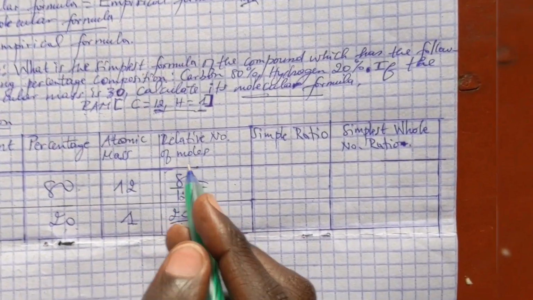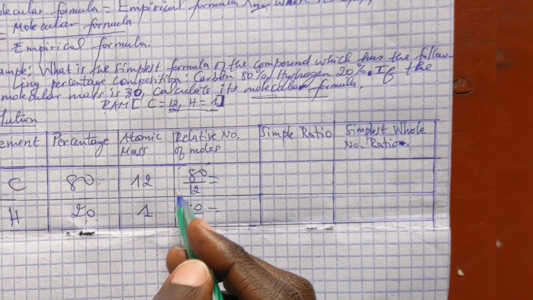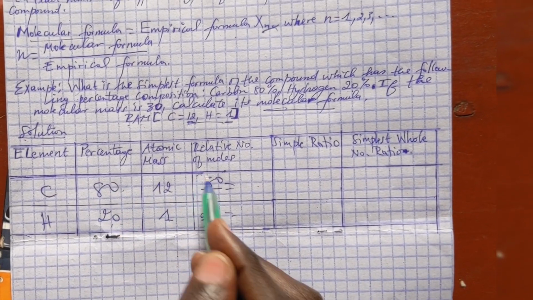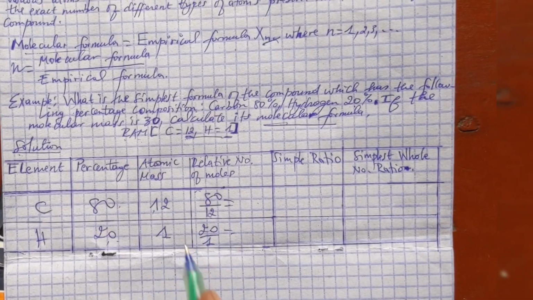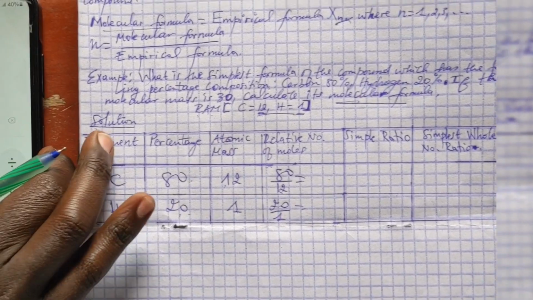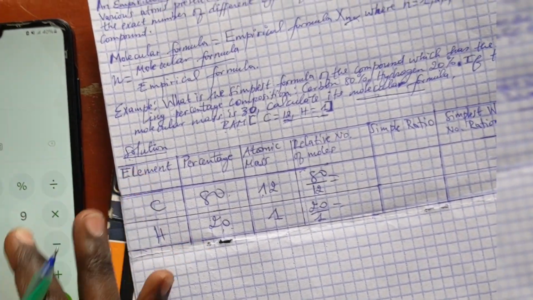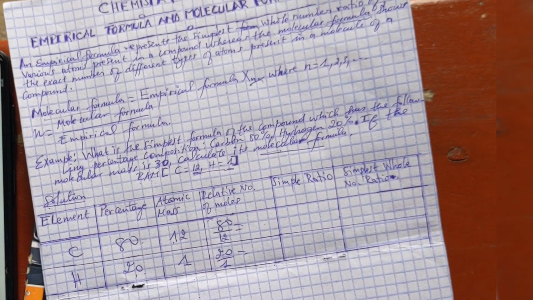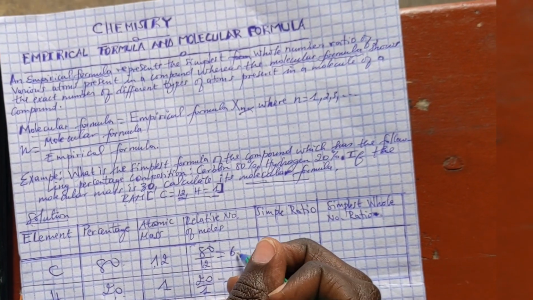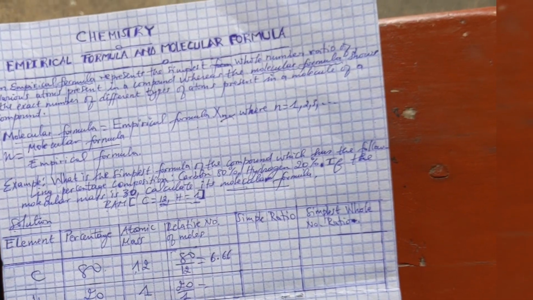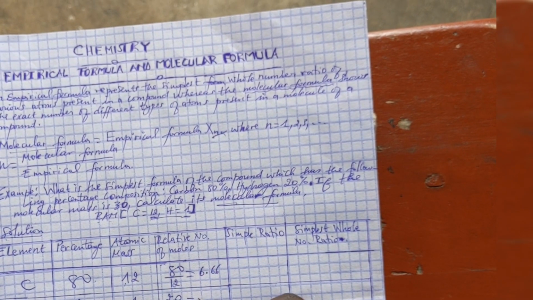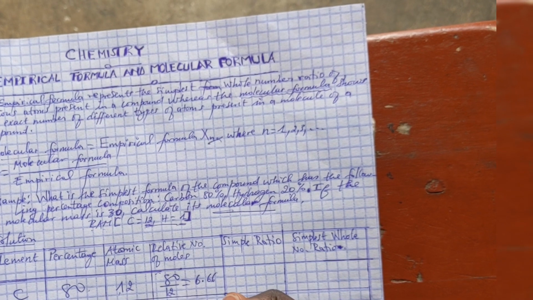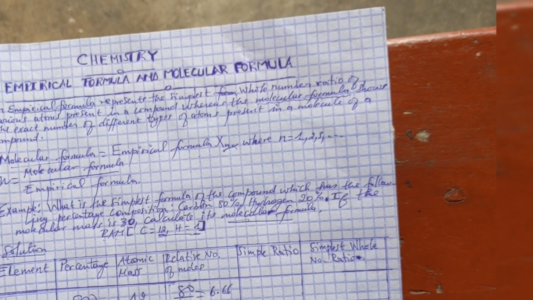When you want to calculate the relative number of moles, you take the percentage divided by the atomic mass. Here, 80 divided by 12, we get 6.66 moles. And 20 divided by 1, we get 20 moles.